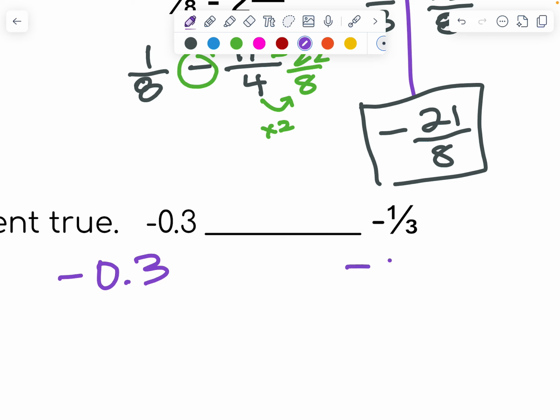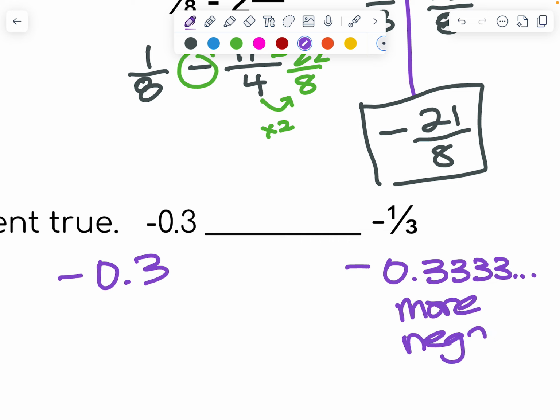Do you notice that this just keeps going and going and going? Yeah, it repeats. So these are more negatives compared to this one. So believe it or not, -0.3 is actually greater than a negative 1.3.